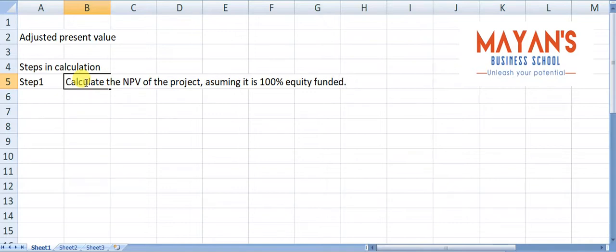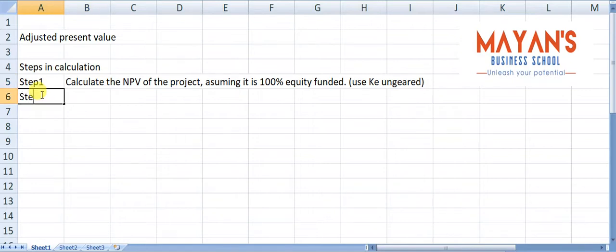You take all the project's cash flows and assume it's a 100% equity funded company doing this project, which means you have to take KE ungeared. No need to take the weighted average cost of capital because you're assuming it's a 100% equity funded company, right? So here I would say in brackets, use KE ungeared. The ungeared company's KE should be used.